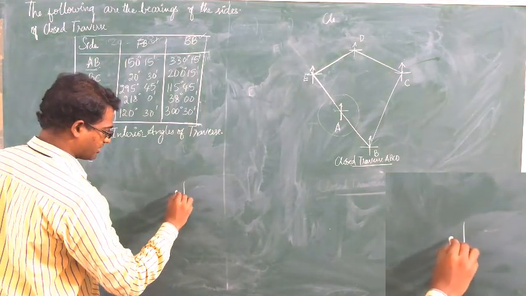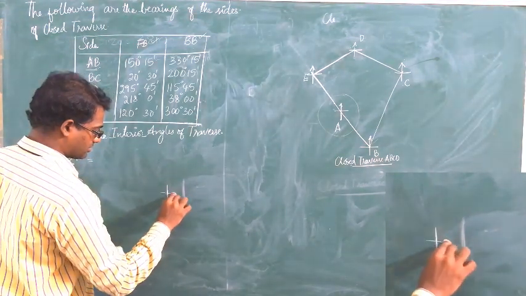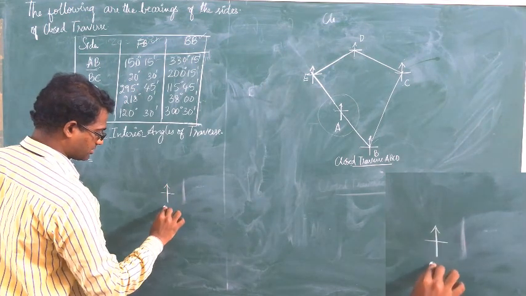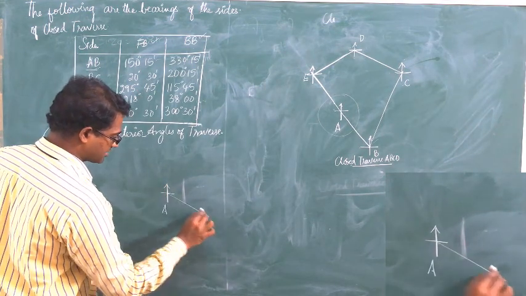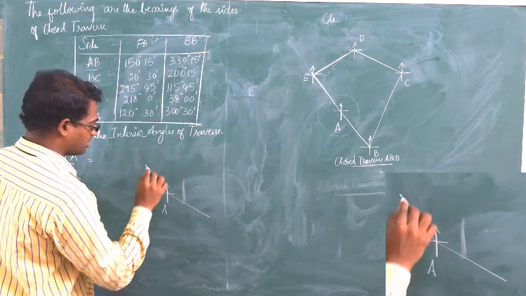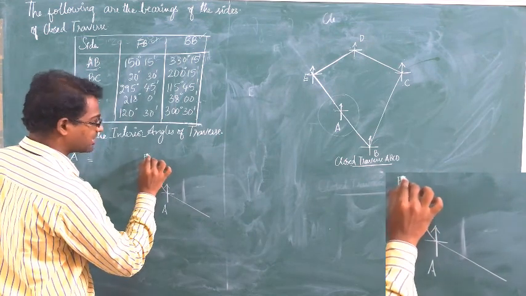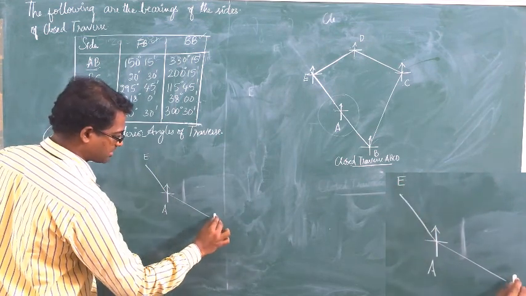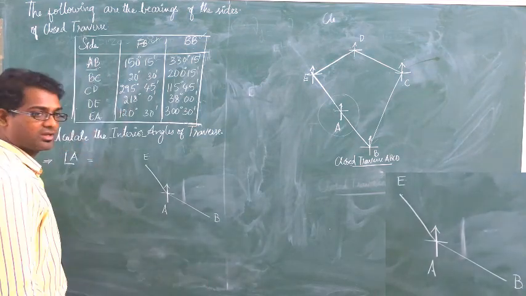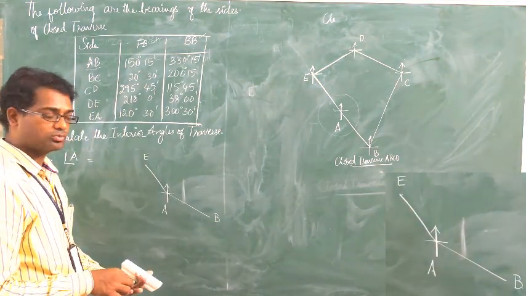Now you have station A, you have two lines passing from station A. One is to point E, the other is to point B.